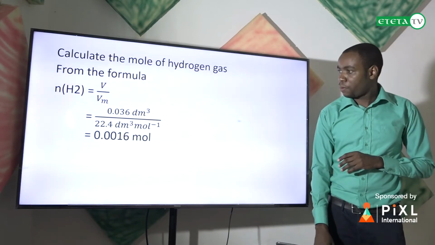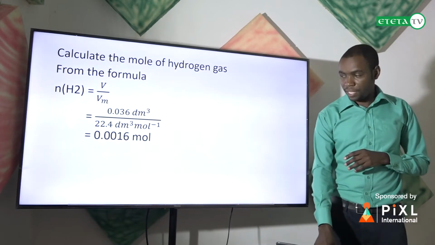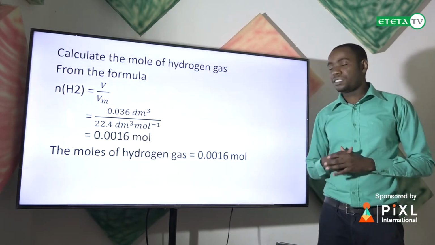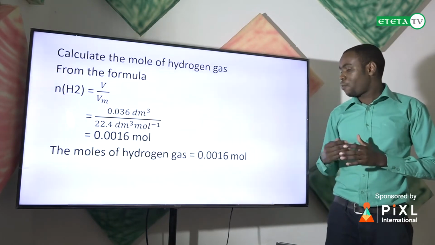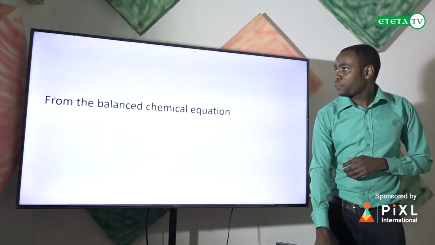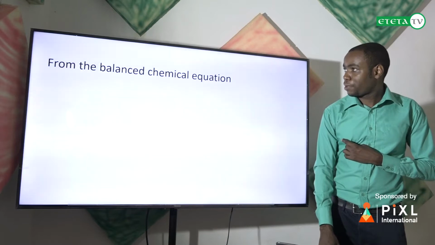Through calculation, you obtain 0.0016 mole. For that case, the number of moles of hydrogen gas is equal to 0.0016 mole.